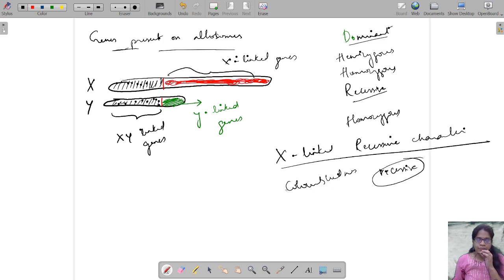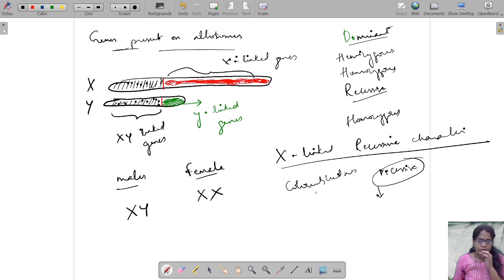Means the recessive condition can only be expressed in the homozygous condition, it should have a copy of it. So for example, these are your males. Males have XY chromosomes and females have XX chromosomes, right?